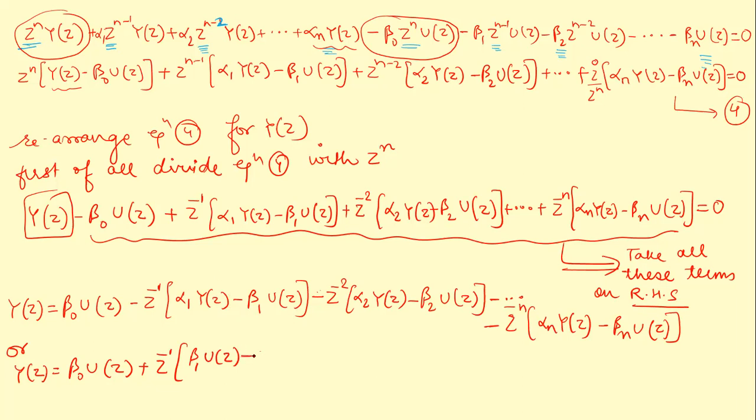Minus alpha 1 yz, right? So we have plus z raised to the power minus 2, we have beta 2 uz minus alpha 2 yz.